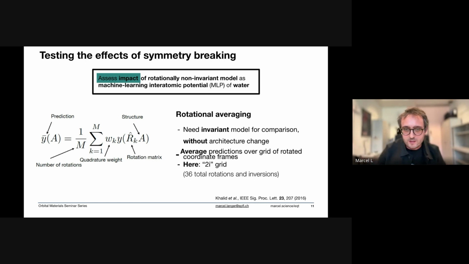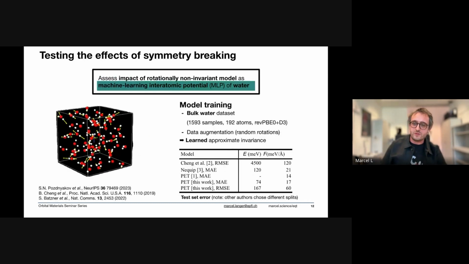The last thing we need is a data set and actually building the model. So we used a bulk water data set from Bingqing Cheng from a few years ago. This is around 1,500 samples with 192 atoms. And we just train this PET model for a few days on a V100, with data augmentation at every epoch. So essentially every sample is always randomly rotated every time it appears in the training process.